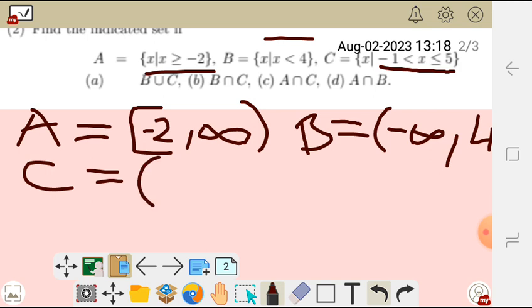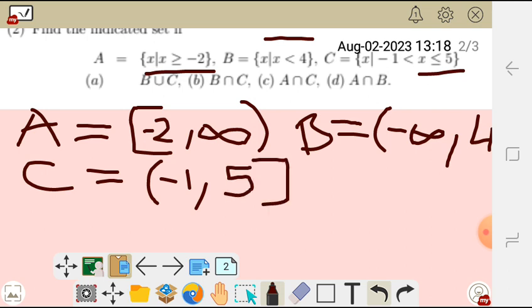We're going to use a circle bracket at -1 because -1 is not included in that set, since they used -1 is less than x. So a circle bracket, -1, comma, and x is less or equal to 5, meaning 5 is also included, so we use a square bracket.